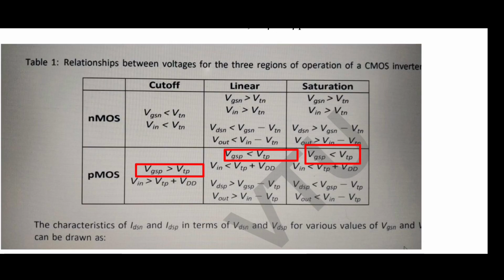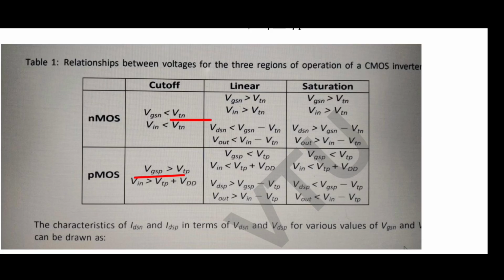And also you need to observe that in the second line, in the cutoff region, VGSN, that is Vin, is less than VTN, right? So for the PMOS, wherever the VTN comes, you need to write VTP plus VDD. Okay, you can see wherever VGSN is there, you need to replace it by VGSP.